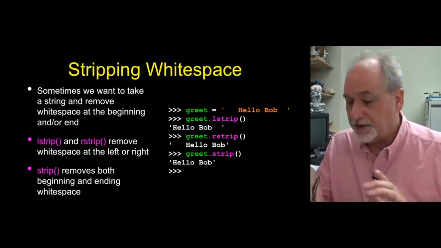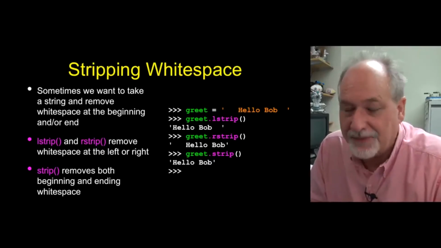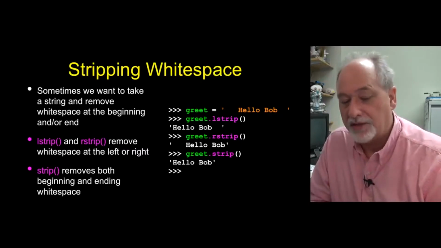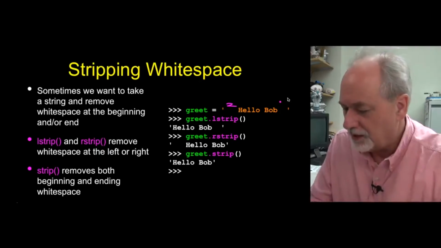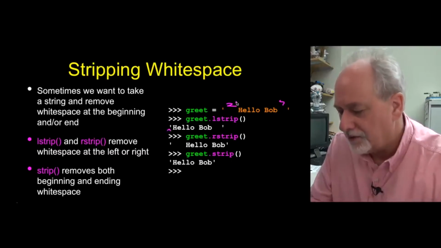And white space is not just blanks, although that's the most common thing, but it's also non-printing characters like tabs and new lines and other kinds of things. And so we have a number of different ways to strip white space. So here we've got some spaces at the beginning and spaces at the end. And we print out, we do an lstrip, and that throws away the spaces at the beginning. That's the left, so that's a left strip.